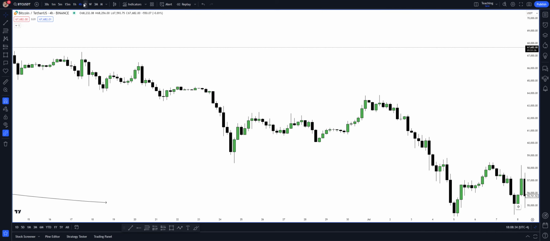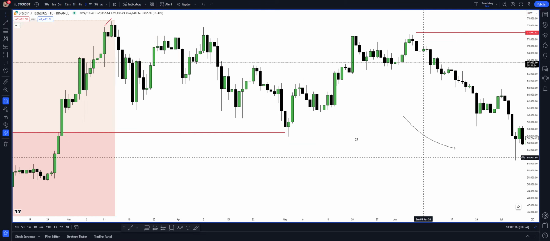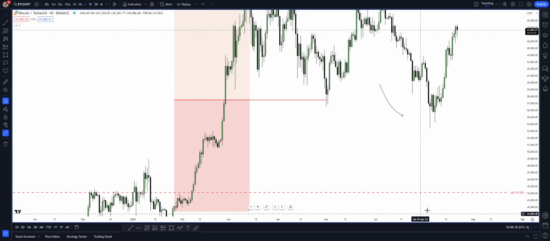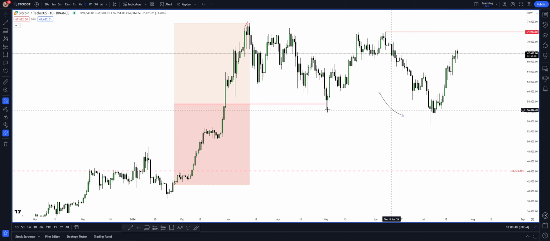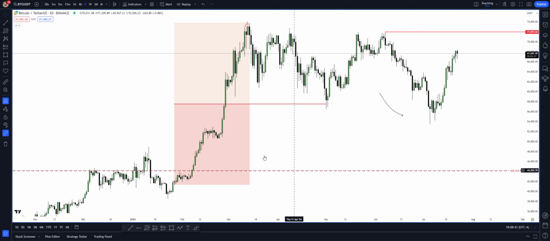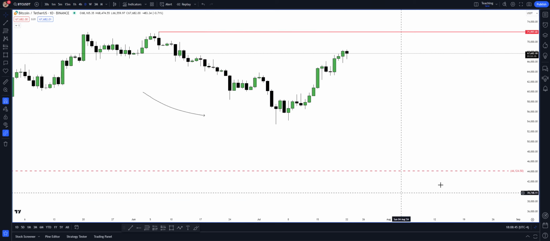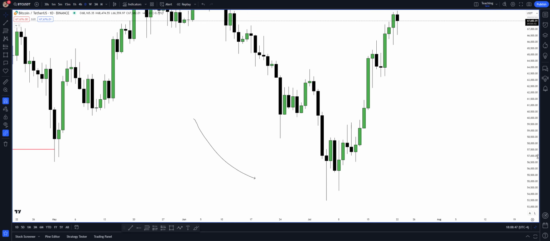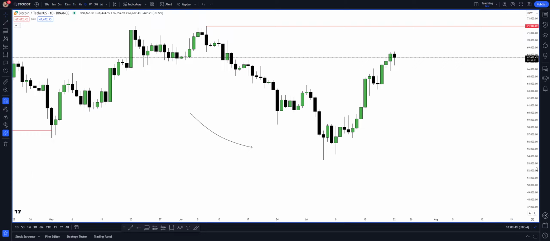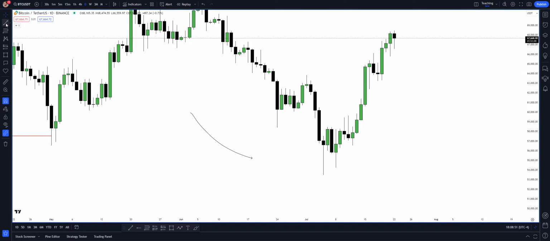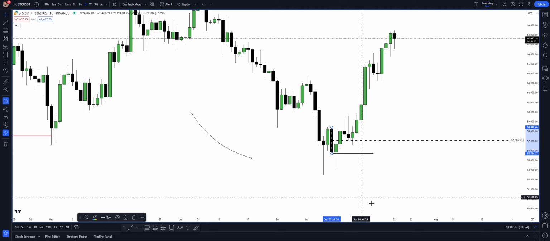In crypto, daily time frame, we had the retracement all the way down into the discount. Now let's look at this consolidation here. What does it do? The down close candle got swept here. This down close candle becomes the OB.